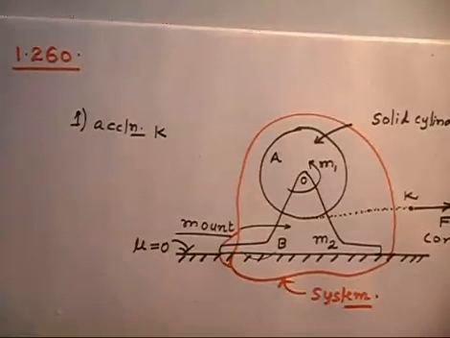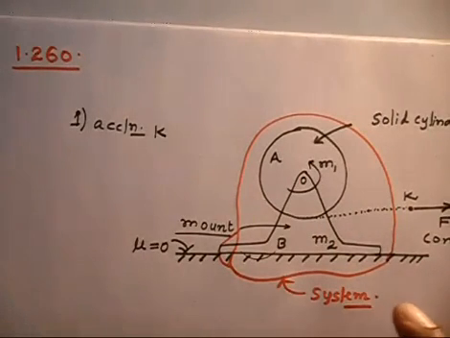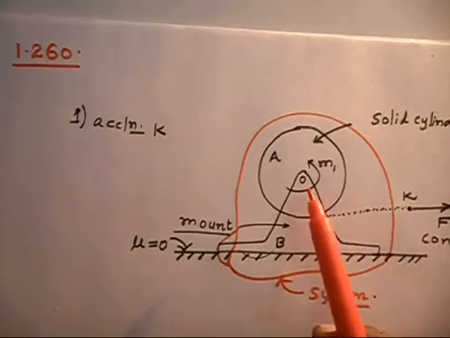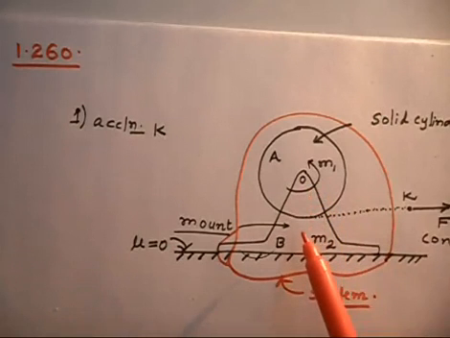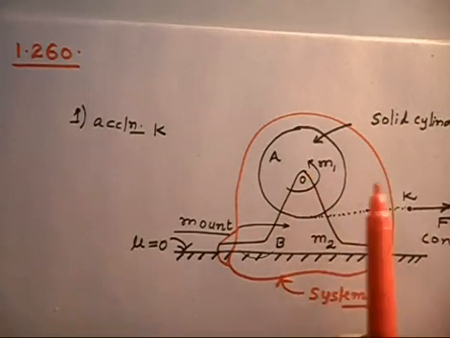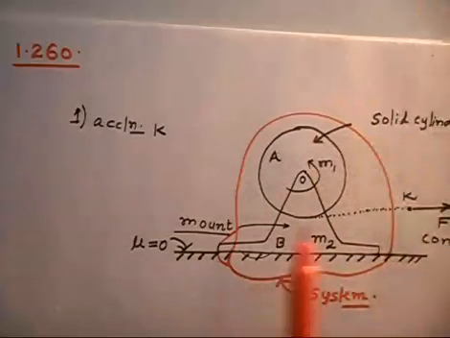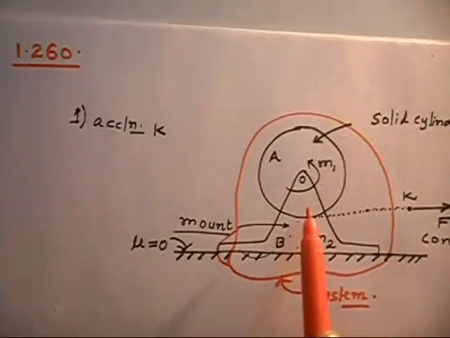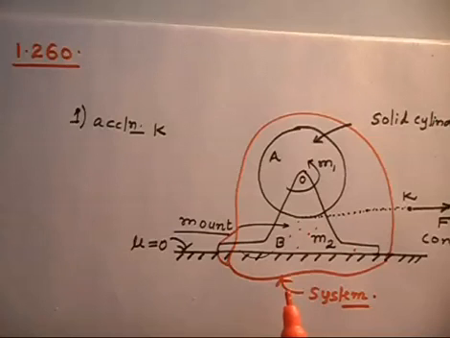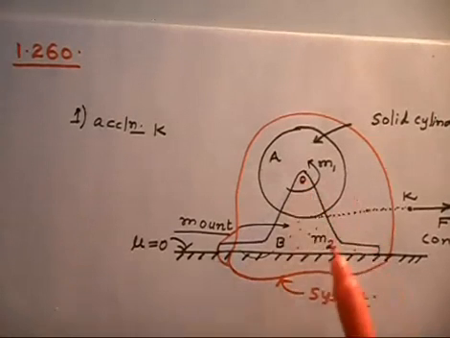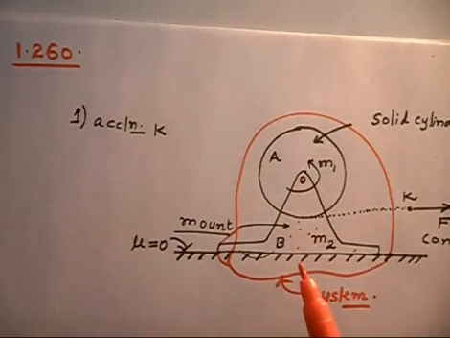So I can find the acceleration of the center of mass of this system. The same acceleration will be the acceleration of the axle. If this simply translates, all points on this mount will have the same acceleration, that is the acceleration of the center of mass. This axle will also have the same acceleration.